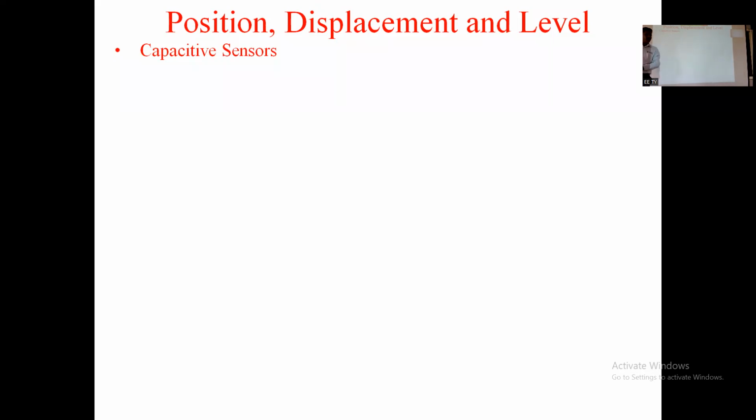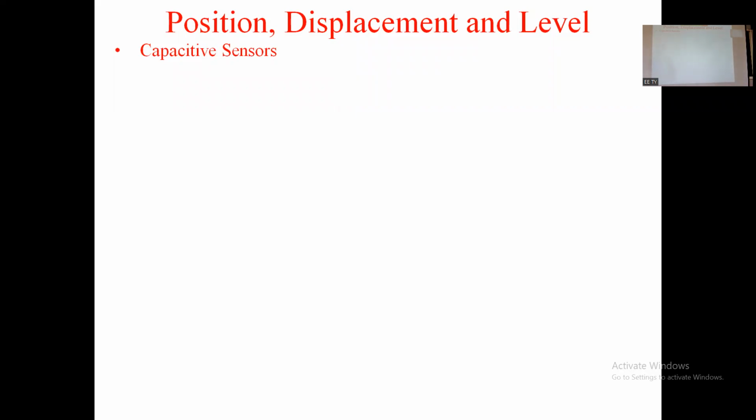In the previous one, we have discussed piezoresistive type of sensor and potentiometric type of displacement sensor, right? Position sensor and displacement sensor are the same. The only difference is the reference point.